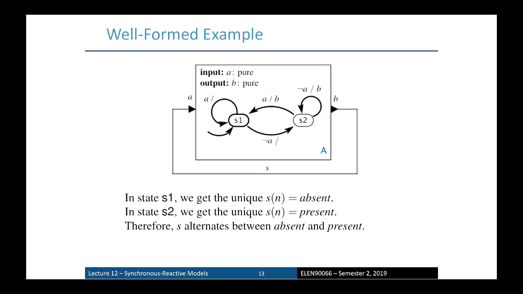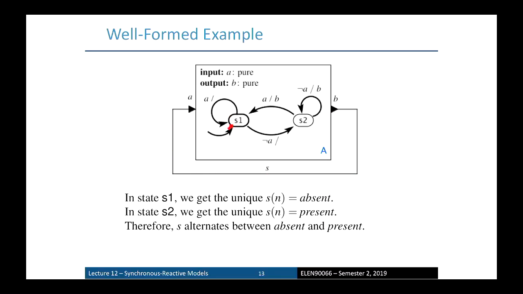And so in S1, this is my way of thinking about it, there are two transitions here. There's a transition if A is present, and there's a transition if A is absent. Now, for both of those transitions, the output is absent. There's no output. Okay? So here in S1, the output's absent.